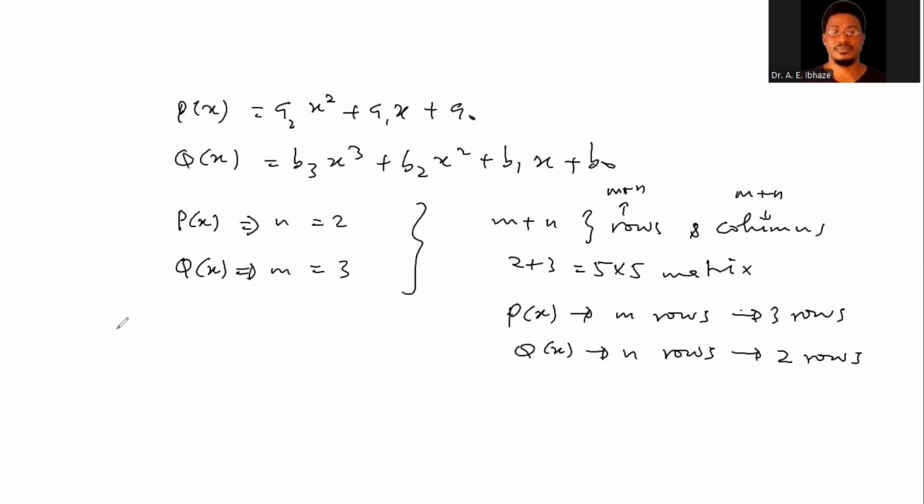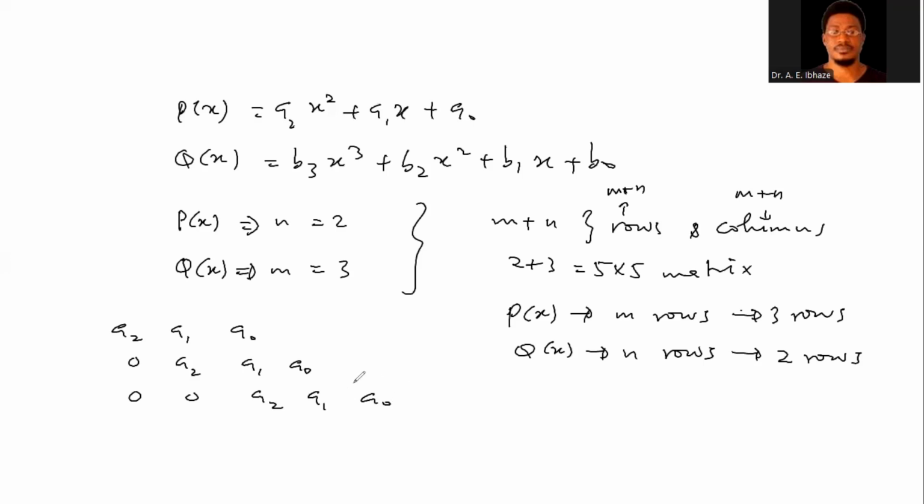And then we can now do this. So A2, A1, A0, 0, then 0, A2, A1, A0. Then 0, 0, A2, A1, A0.